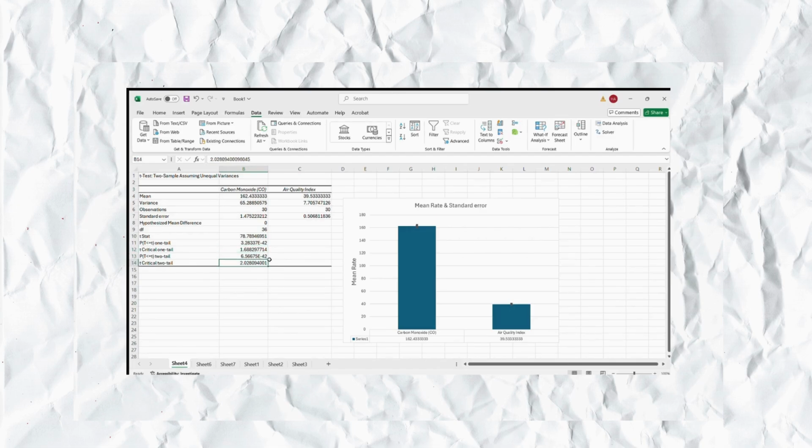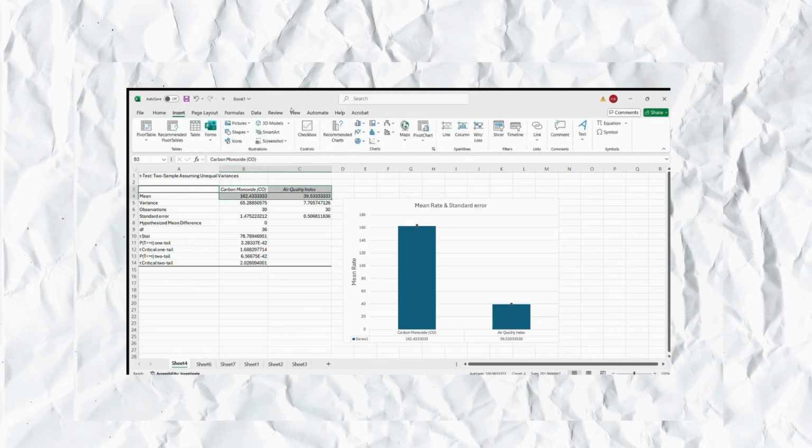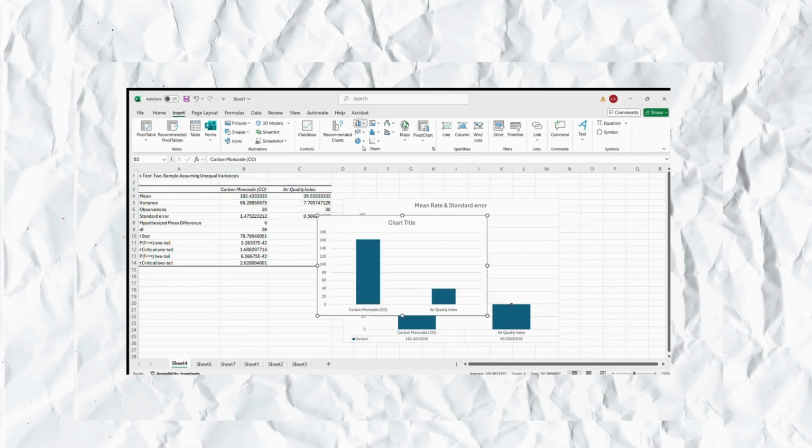In order to get the mean and standard error data, we click insert bar chart, and so we're supposed to get the chart title.